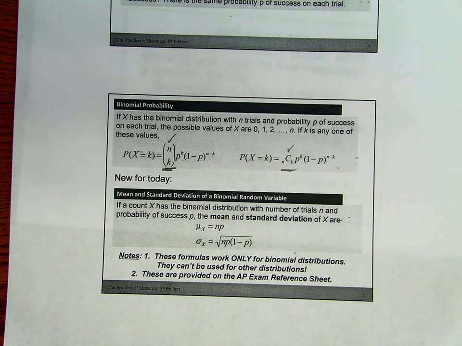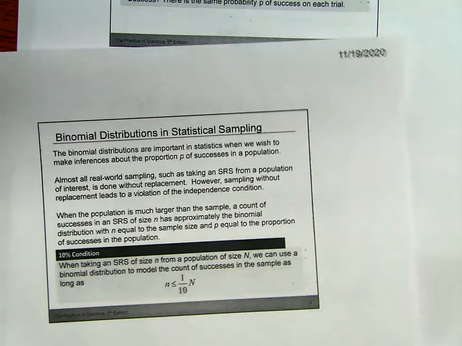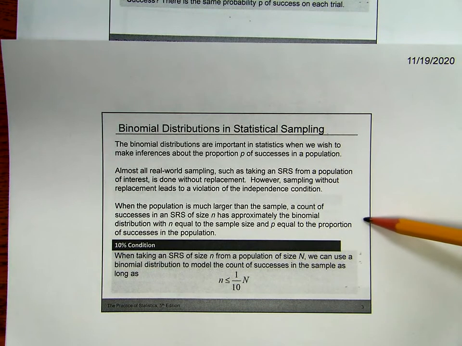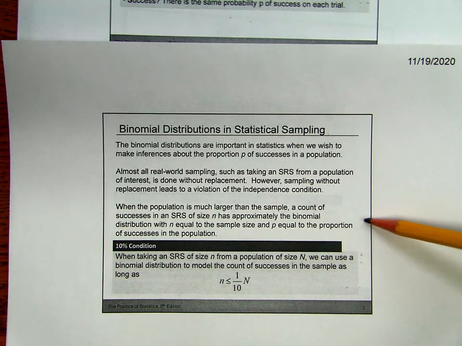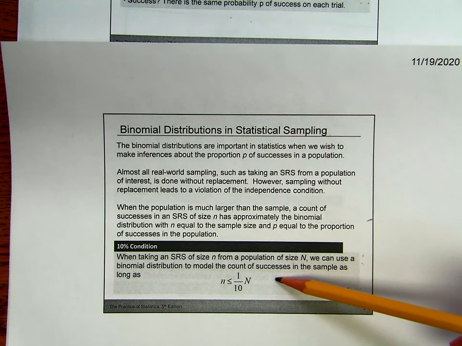It was on a different slide, but we talked about how very often in a real-world setting, using binomial probability involves sampling without replacement. If we're going to do that, we have to make sure we're not sampling more than 10% of the population.